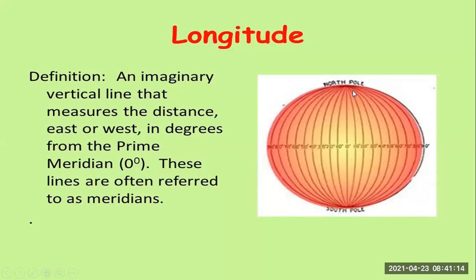You can see in this diagram the middle line, which has 0 degree. This is going to be the prime meridian. The rest of the lines would be known as the lines of longitude or meridians, not the prime meridian. Which one is the prime meridian? Just the middle one. Is that clear, guys? Only the middle one will be named as prime meridian, and we will write its value as 0 degree, because this is the starting point.